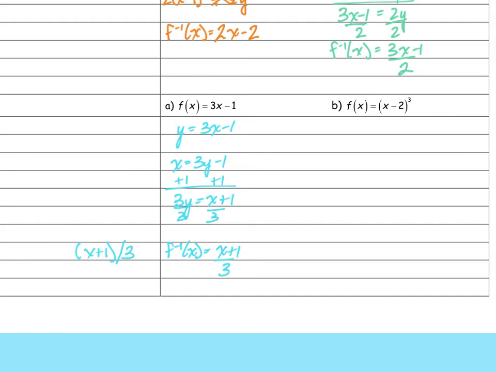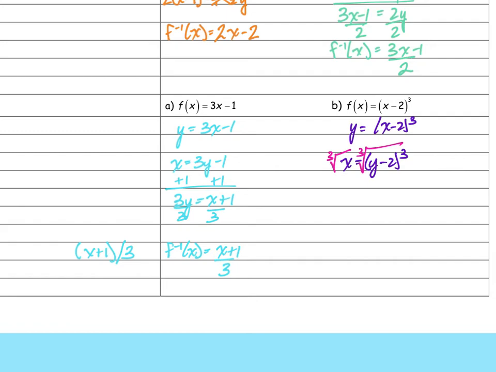the number b here, y equals x minus 2 cubed. And if I switch them, I've got x equals y minus 2 cubed. So this time I have to take care of the cube first. So I'm going to cubed root it.